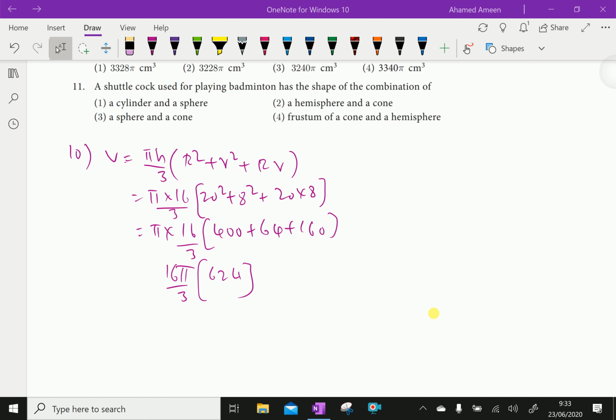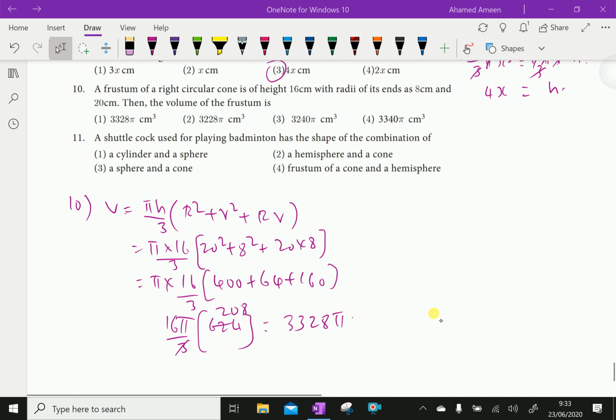Then cut with 3, this gives 208, and 16 into 208 is 3328 pi. 3328 pi, the option 1.